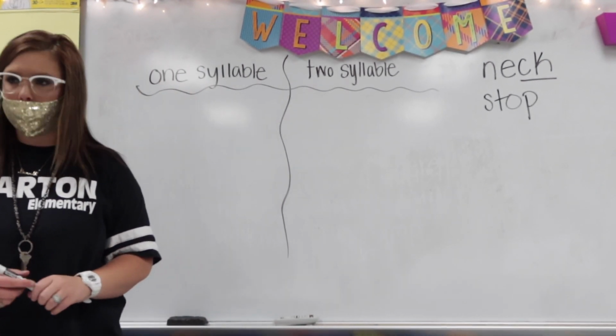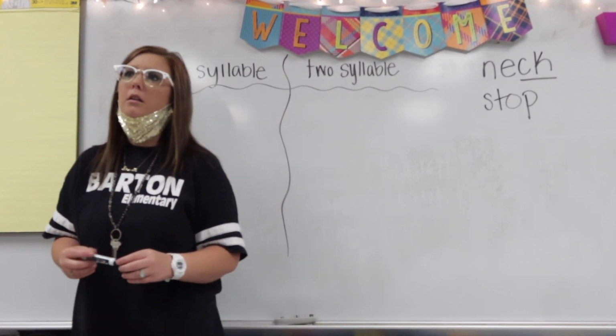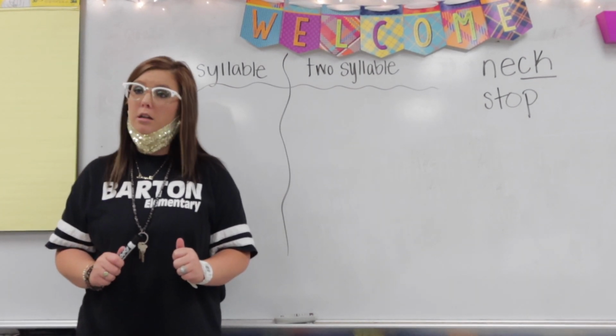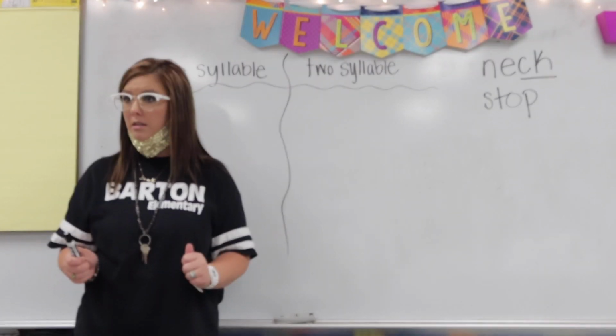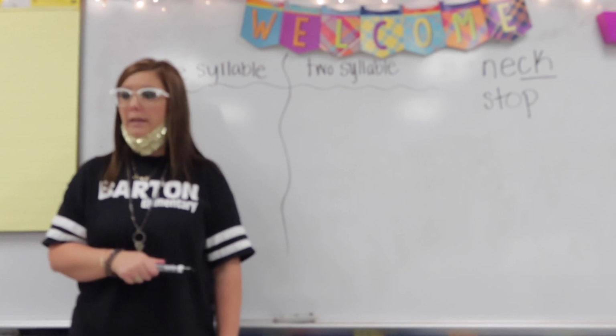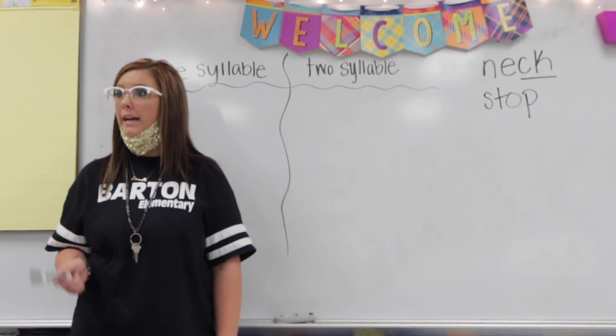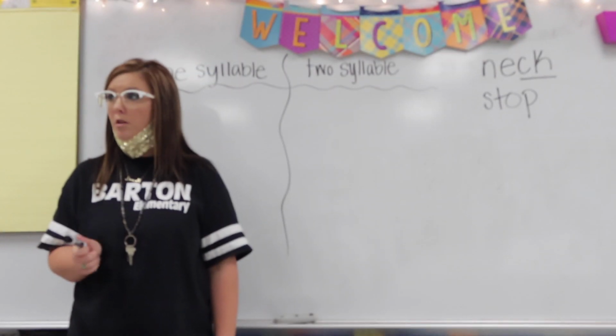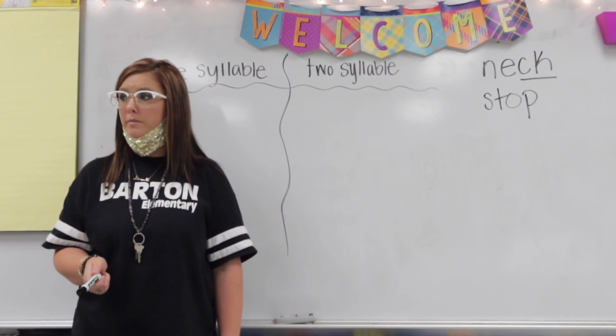So for example, shock. How many vowel sounds do you hear in shock? One. So how many syllables is it? One. Every syllable has its own vowel sound. Repeat after me. Every syllable has its own vowel sound.